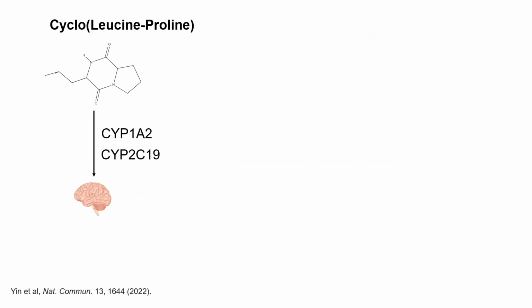We also know from previous genome-wide association studies that variants in these two cytochrome P450 genes, CYP1A2 and CYP2C19, are related to the levels of these metabolites in the circulation.